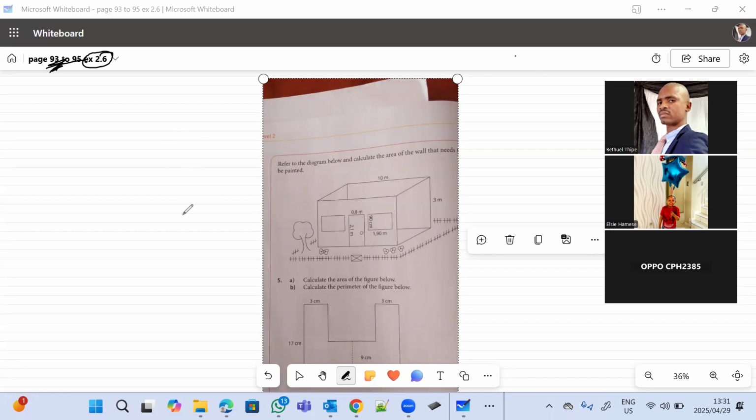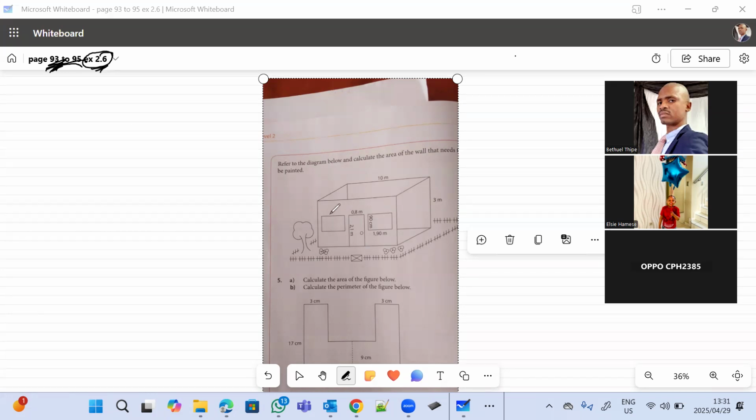Okay, so elsewhere we already did pages 93 to 95, exercise 2.6. In particular, this question here. What I want you to notice from this is the following. I will choose the red pen.